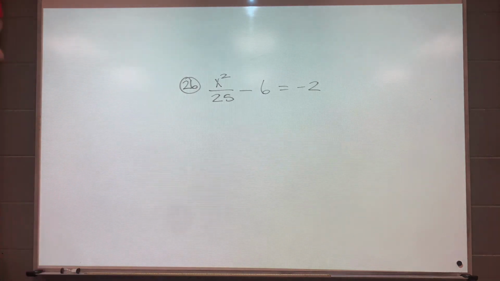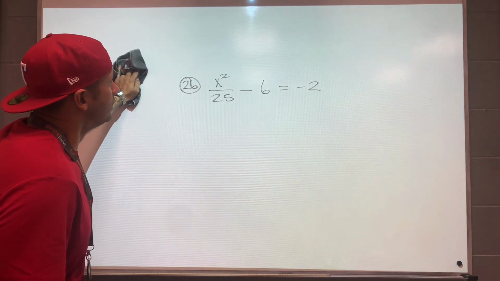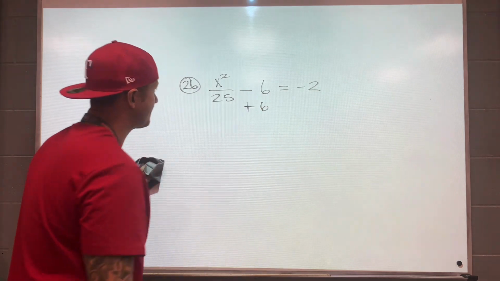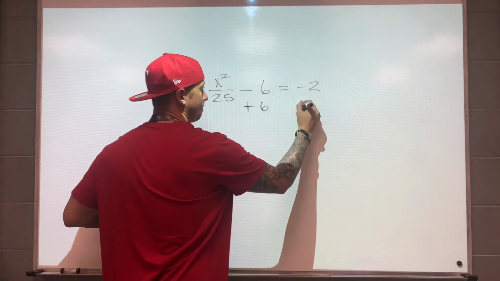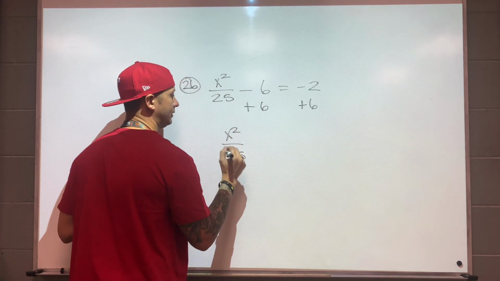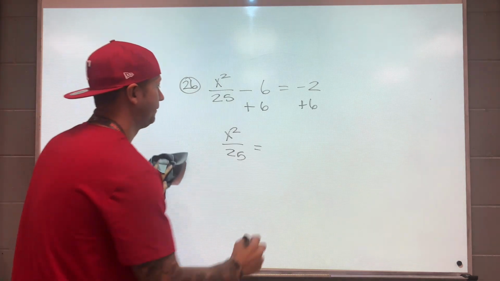All right, x squared divided by 25, all minus 6, equals -2. Add 6 to both sides. So x squared over 25 equals -2 plus 6, +4.